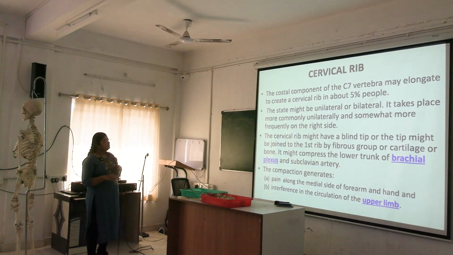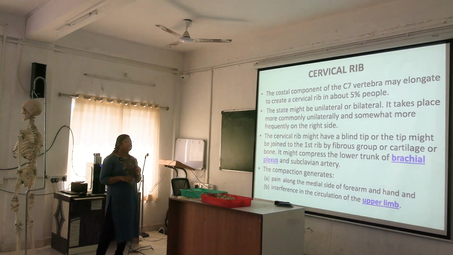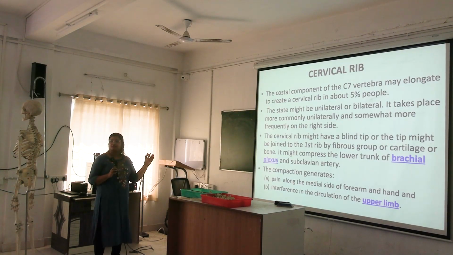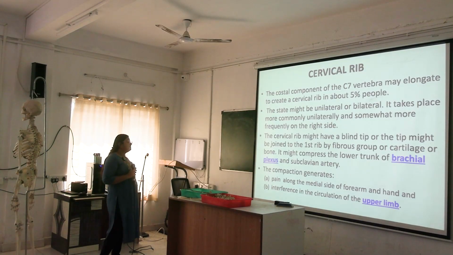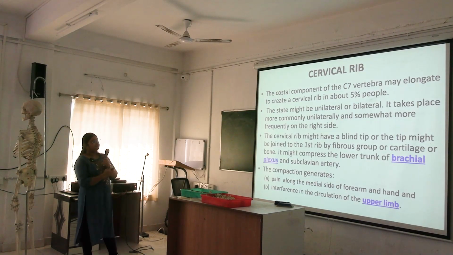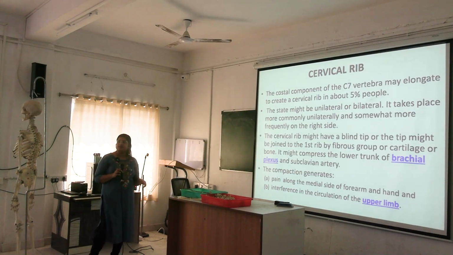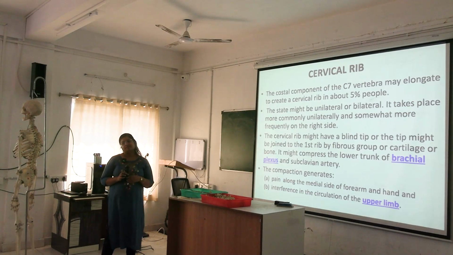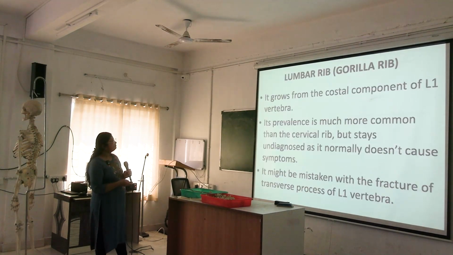The compression generates pain along the medial side of the forearm and hand. Because of compression of the brachial plexus, the nerves will be affected, and there is interference in circulation of the upper limb, because the subclavian artery is compressed. It will continue as the axillary artery and brachial artery. If it is compressed, blood supply will be impaired.